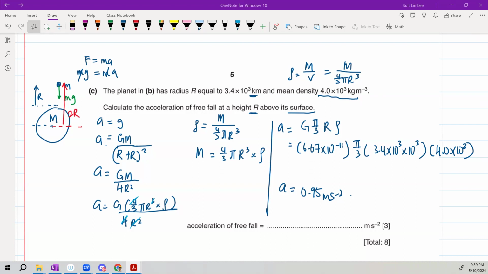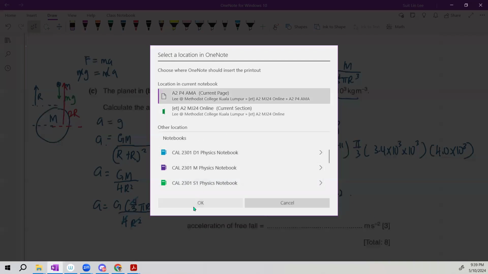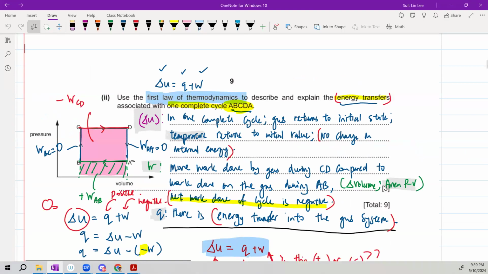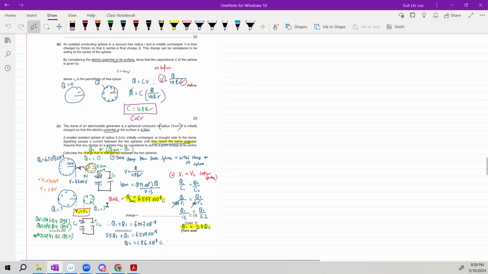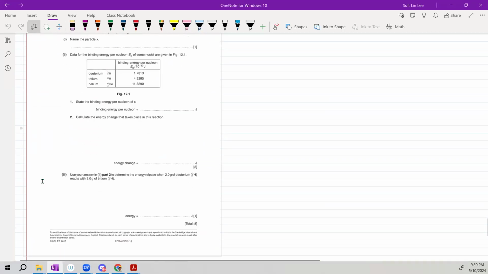In part 3. There has to be a reason why it keeps jumping back here, right? OneNote things.